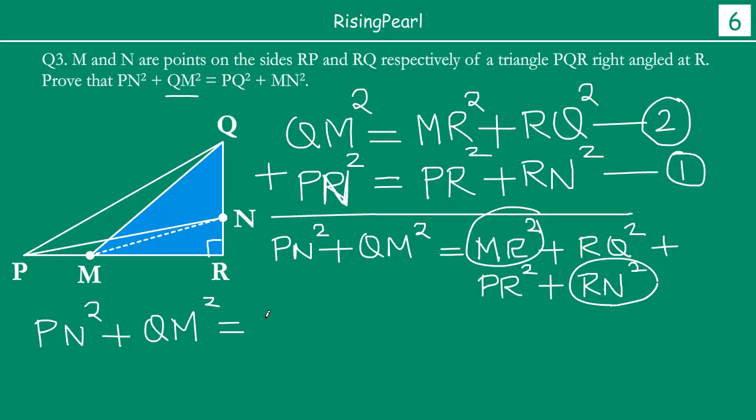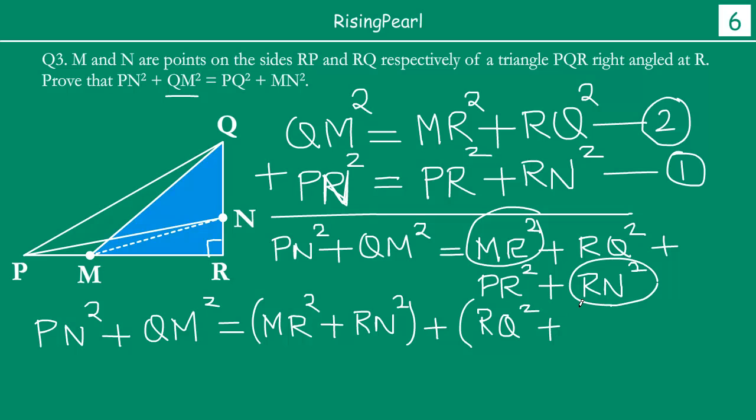So MR square plus RN square. And why am I doing this, friends? Because MR square and RN square are part of the right angle triangle MNR, right? So I want to write them together. Then plus I am left with the other two terms, which is RQ square plus PR square.